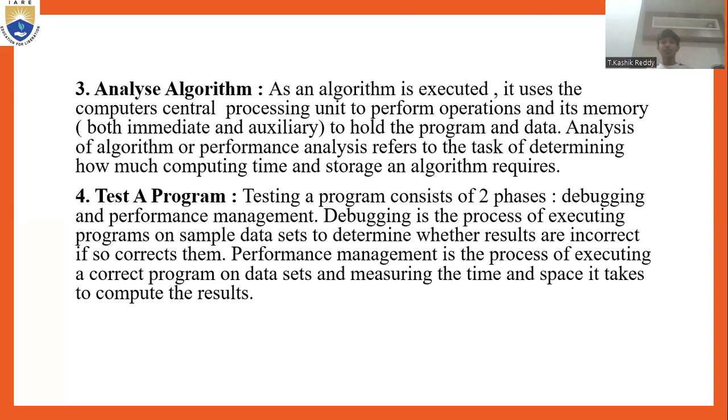So if any errors or incorrect results happen, it corrects them. Next, performance management. Performance management is a process of executing a correct program on data sets and measuring the time and space it takes to complete the results. So performance management is nothing but checking the time and the space it takes to complete the algorithm.